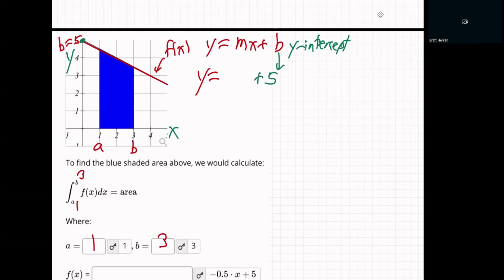Now, what's the slope? The m is the slope, and that's rise over run times x. So what's the rise and the run? How you're going to figure that out is you want to go between 2 points that are clearly on grid marks. Notice I don't want to pick that point because I can't tell.